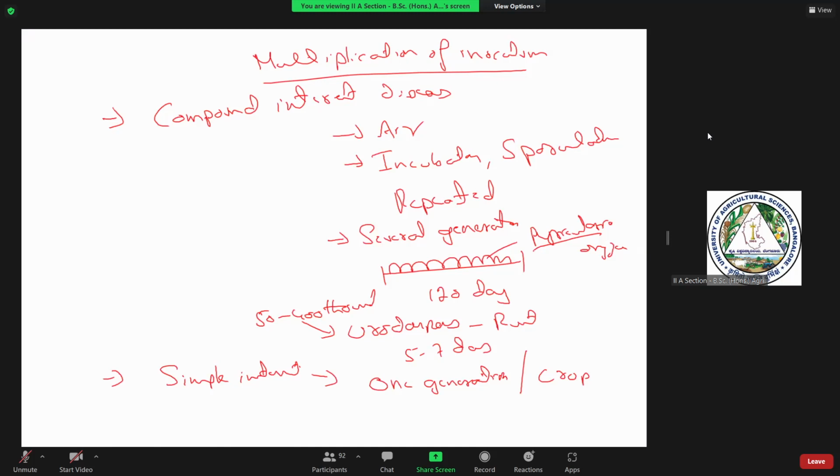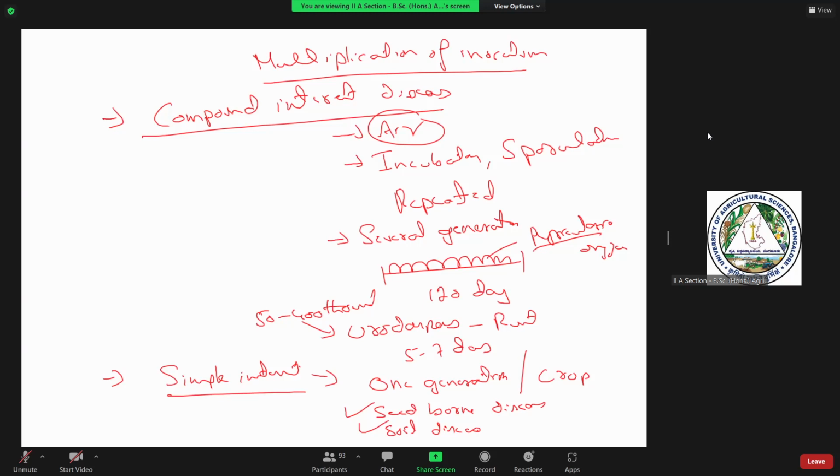That means the pathogen is able to complete only one generation per crop. The seed-borne diseases and the soil-borne diseases are simple interest diseases, and all the airborne diseases are compound interest diseases.